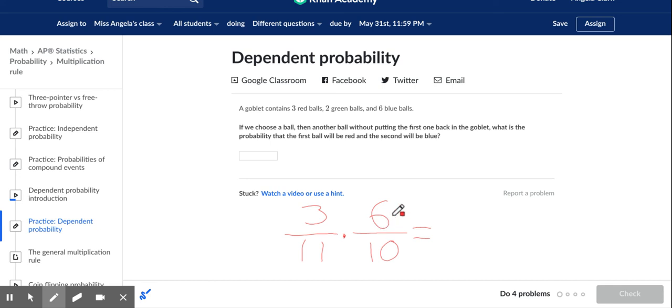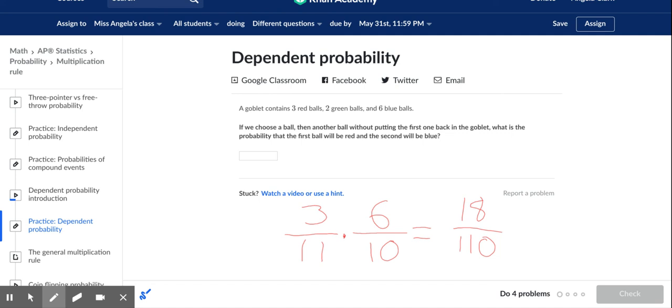So 6 times 3 is 18, and 10 times 11 is 110. So I can simplify that, or I can just stick it in a calculator. 18 divided by 110.